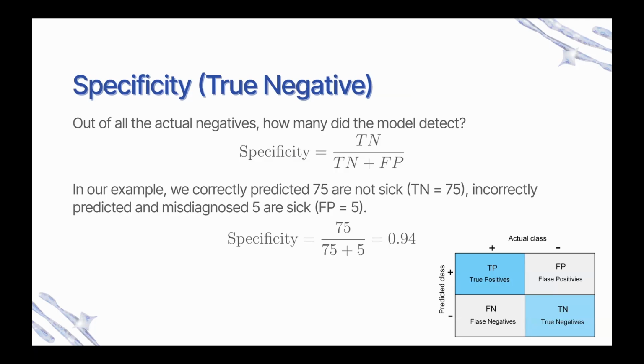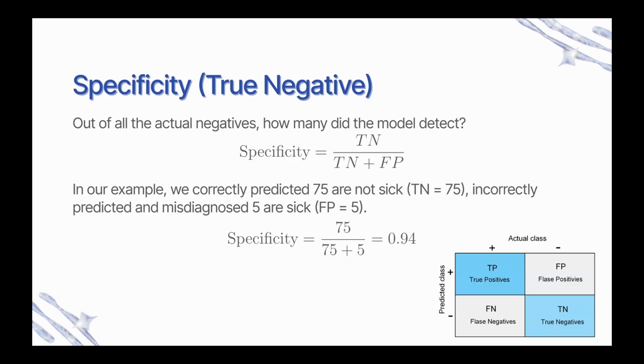And there's also another one called specificity, right? So out of the actual negatives, how many did the model detect, right? So the specificity is the true negatives over the true negatives plus the false positives, okay? So in our example, we correctly predicted that 75 were healthy and they were actually healthy.